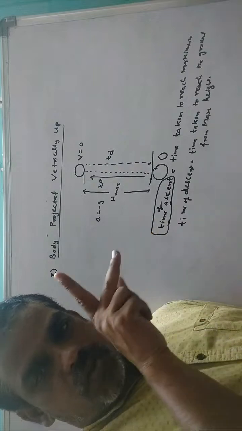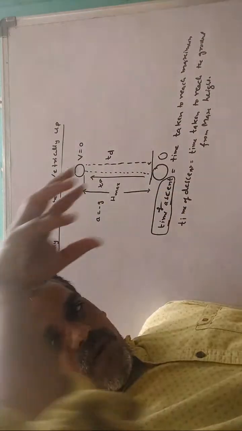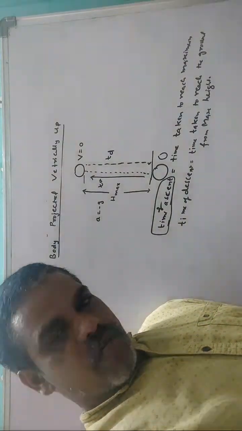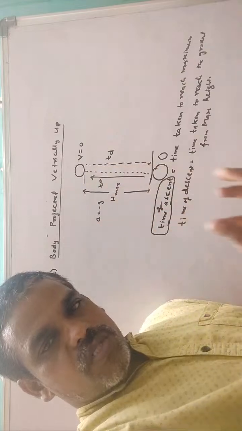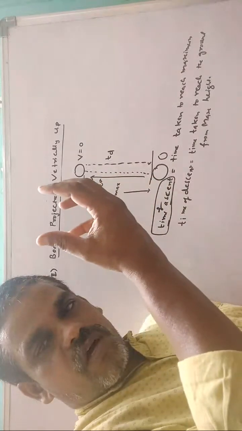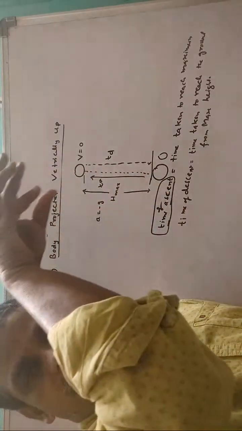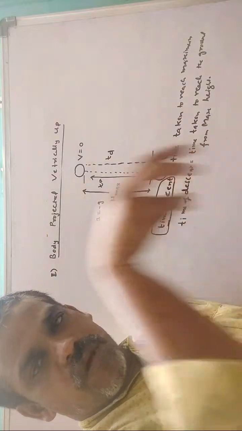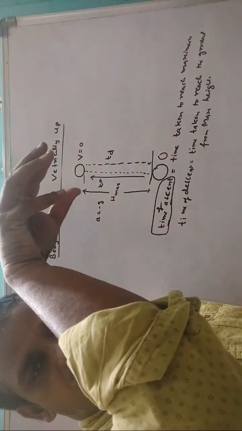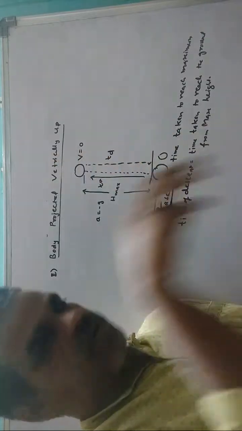So what we are saying? We are taking two terms here: time of ascent and time of descent. How much time is taken to reach maximum height? That is the time of ascent. The body is reaching the ground from maximum height. How much time is taken to reach the ground from maximum height? That is the time of descent.